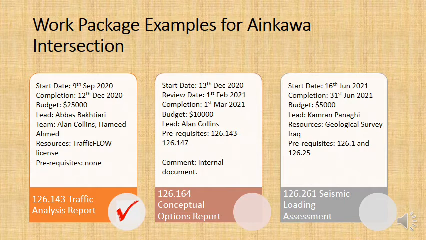So this is one of the good things about having tracking numbers for each of your work packages. It's easy to refer to them and you don't have to write out long titles. And I've also got a little comment here that this is actually an internal document that I'm producing. It's just for the project organization.